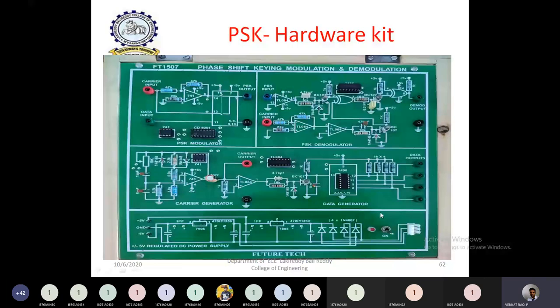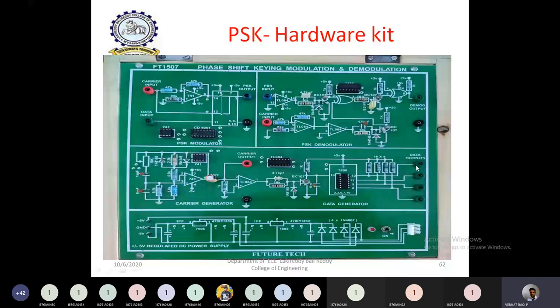Now, one more thing is, in order to identify the bit sequence at this corresponding input, that input must be compared with the clock signal. Then only you can identify how many ones and how many zeros are there. That is already explained in the ASK modulation. Similarly, this signal must be compared with the clock.